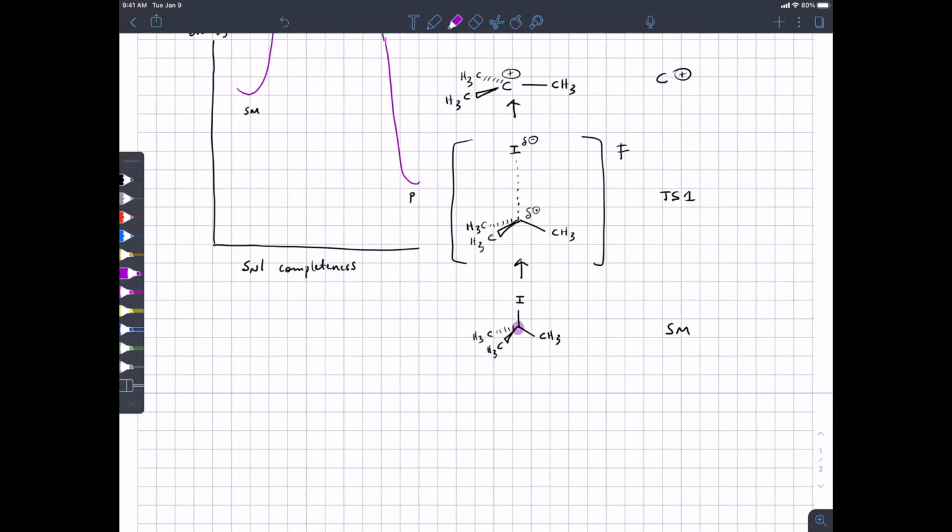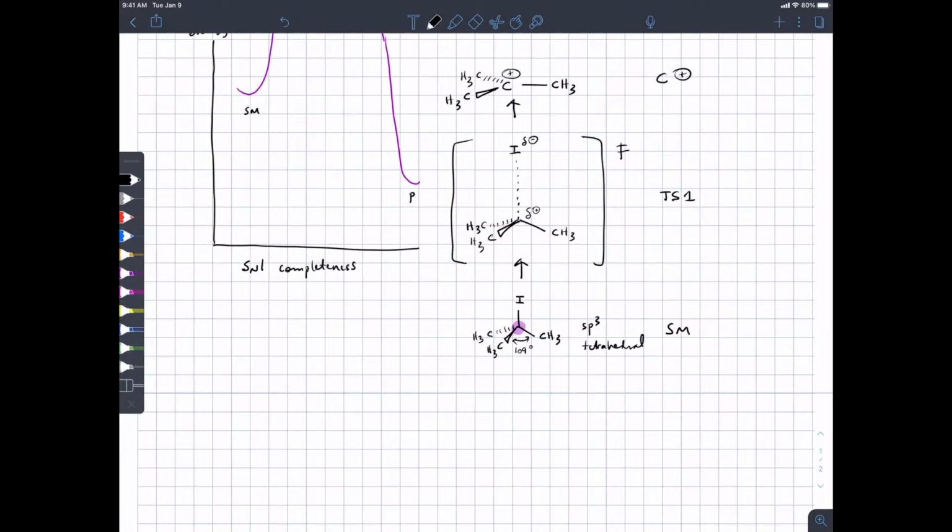In the starting material, what is the hybridization of that carbon? sp3, tetrahedral, and in particular, those methyl groups should be separated by about 109 degrees-ish.